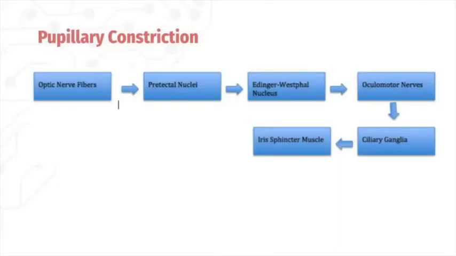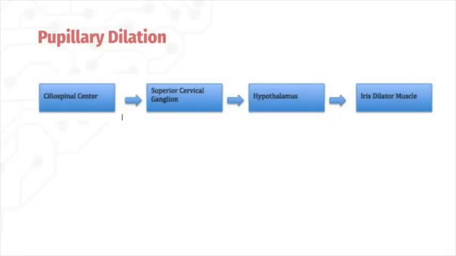The pathway of pupillary constriction: the optic nerve fibers act as afferents, which pass to both pretectal nuclei, crossing into the posterior commissure. The pretectal nuclei project to the Edinger-Westphal nucleus, from which parasympathetic efferents traverse the oculomotor nerves to the ciliary ganglia, where postganglionic fibers in the short ciliary nerves innervate the sphincter pupillae muscles, causing the pupils to constrict.